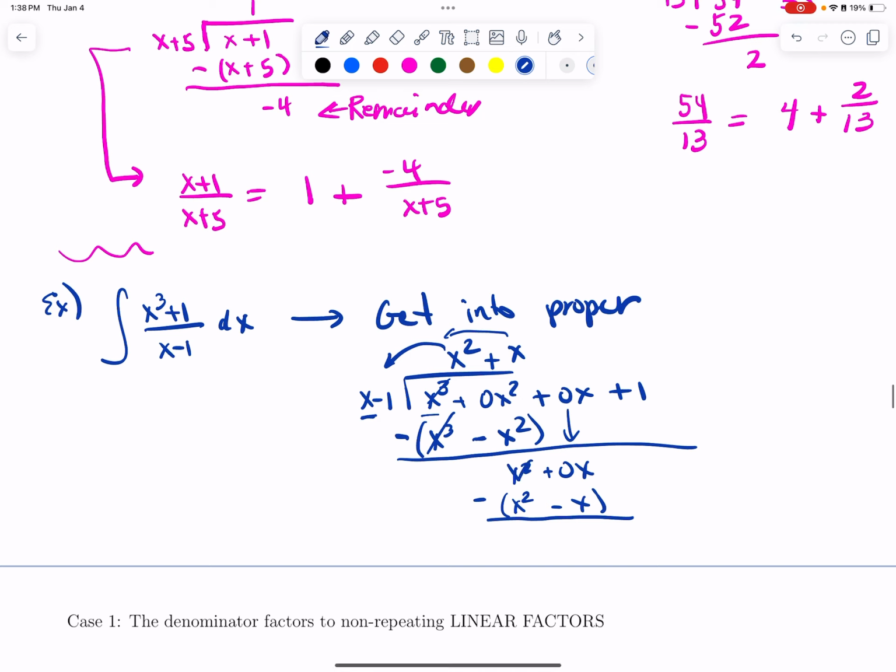The x squared should cancel, and I should now have x minus a minus x, or an x. Lastly, we're going to bring down that 1, and we do it again. What do I multiply to x to give me x? You should say 1. Remultiply, line them up and subtract. The x's should cancel. 1 minus a minus 1 is a 2.